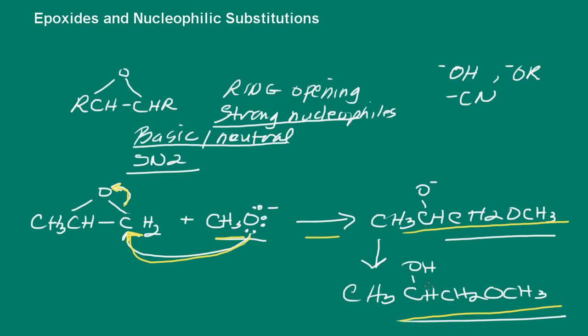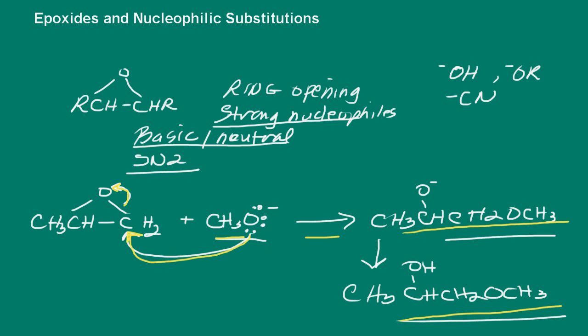Again, in these reactions, the nucleophile is going to attack the less substituted carbon, or the less sterically hindered carbon. Also recall that in an SN2 reaction, the ring is going to be opened from the back side. So the nucleophile will attack carbon from the back side.